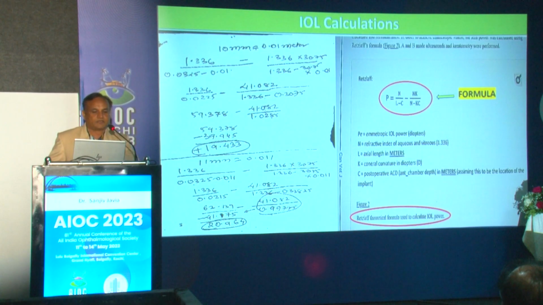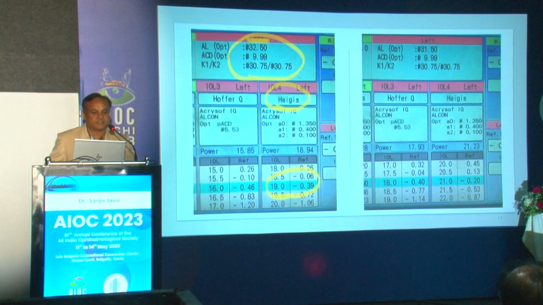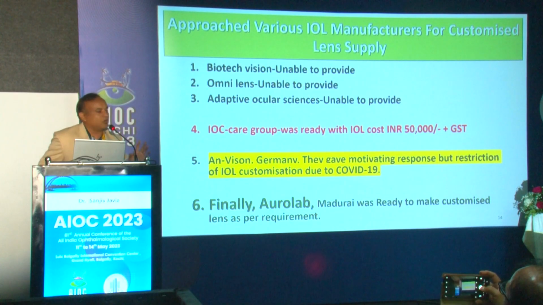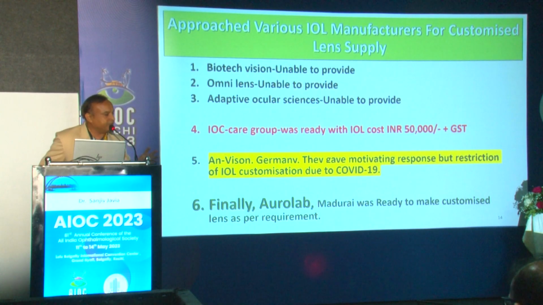The formulas are in meters, and ours is in microns and millimeters, so we calculated this. Our machines also calculated like this, 19, but lastly we concluded we would put 21 or 21.5 IOL. Overall size is 24 millimeters, optic diameter is 8 to 10 millimeters.